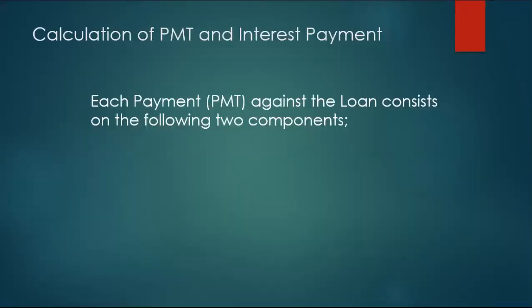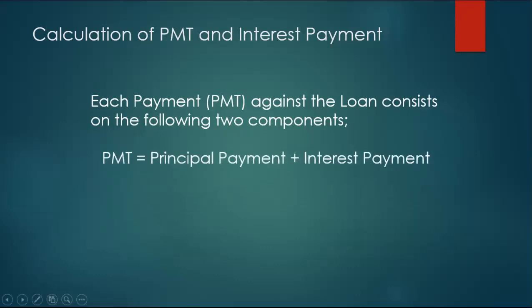For the calculation of interest payment, one thing is required to understand: each payment, which is PMT, against the loan consists of the following two components: principal payment plus interest payment.